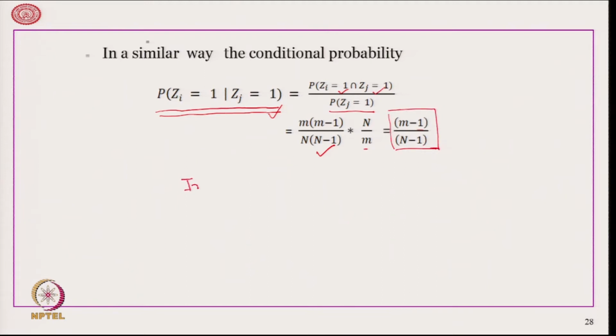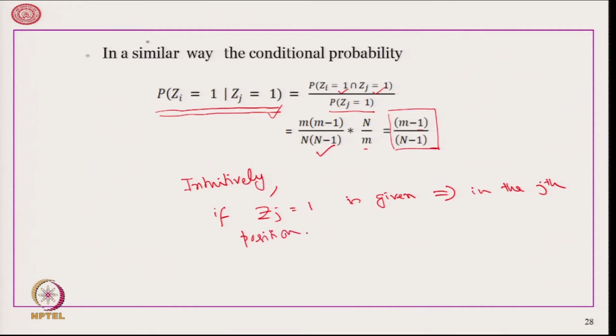Intuitively it is clear. If Zj is equal to 1 is given, it implies that in the jth position there is an x. Therefore, Zi is equal to 1 can happen in how many ways?